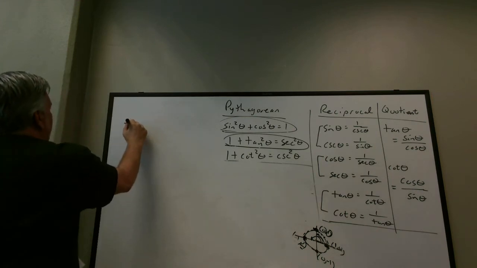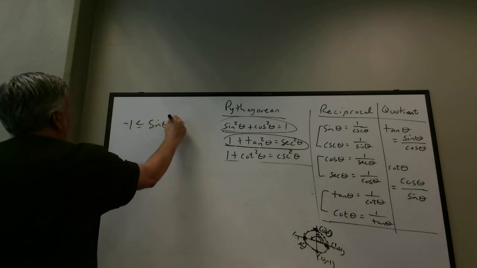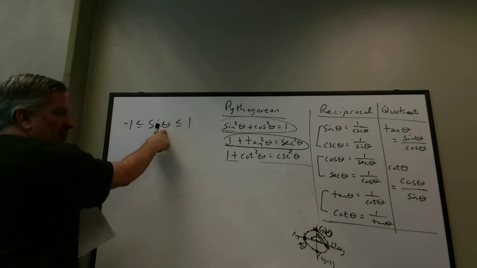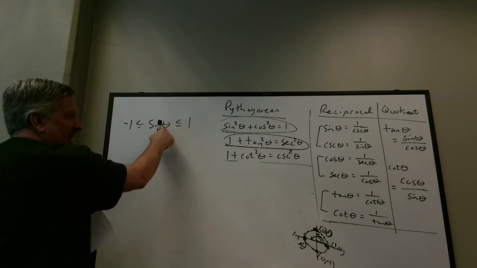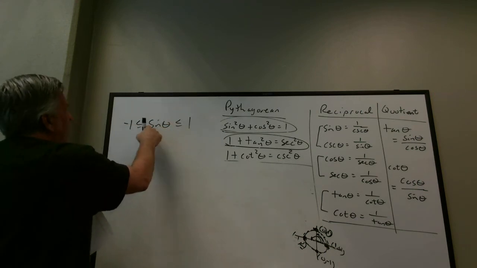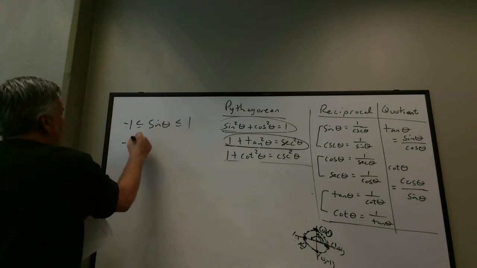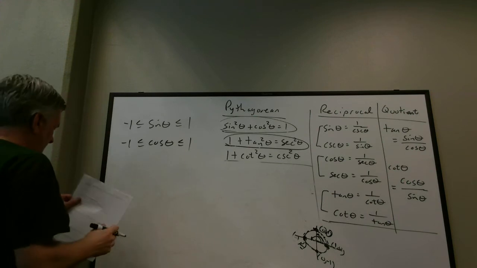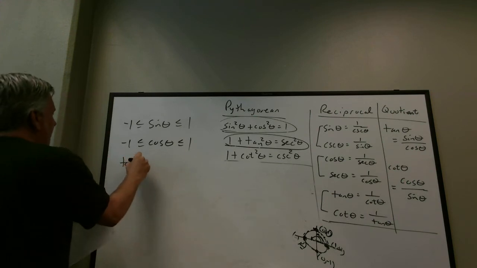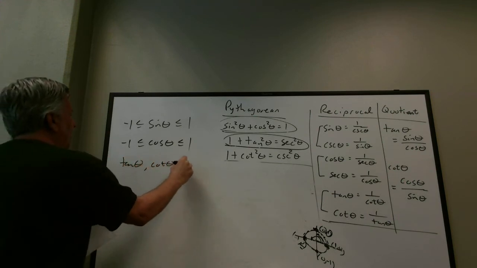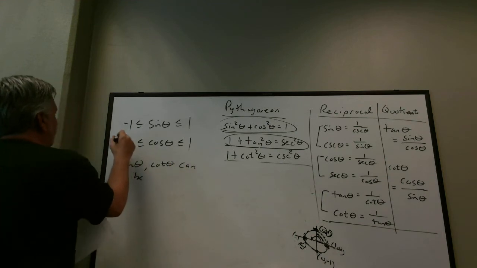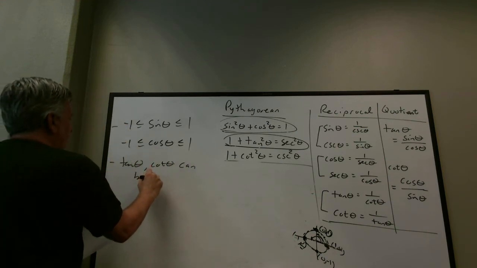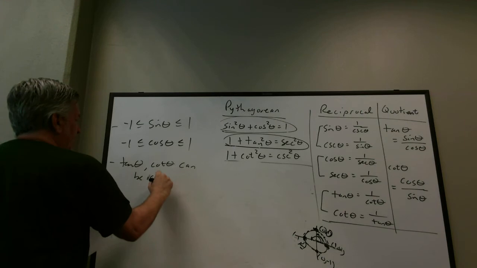Theta is your domain. You plug in numbers in the domain for theta, for the angle. When you take sine of it, you always get an answer between -1 and 1 inclusive, same for cosine. What about tan and cotan? Tan theta and cotan theta can be any real number. I'll explain why.